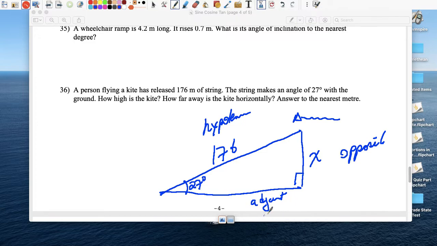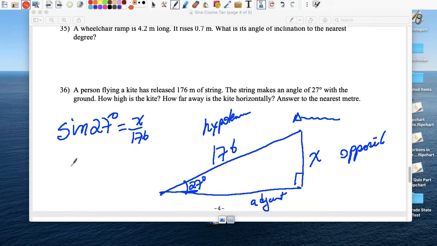Adjacent is not going to come into play, so we want opposite and hypotenuse. That's sine. So we're going to go sine of 27 equals opposite x over 176.